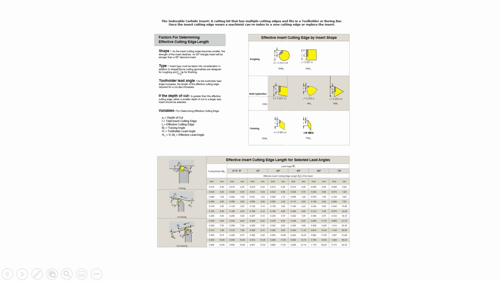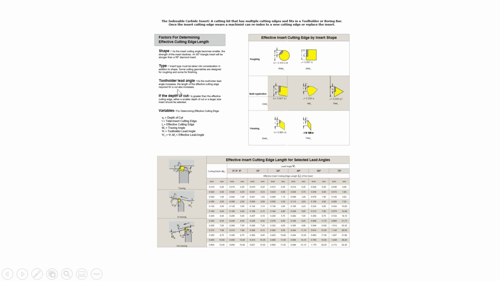Then type. Insert type must be taken into consideration in addition to the shape. Some cutting geometries are designed for roughing and some are for finishing. As we have discussed earlier, the different types, that is M style, P style, S style, can be used for determining the effective cutting edge. Then tool holder lead angle.